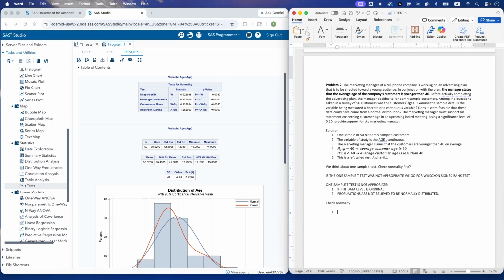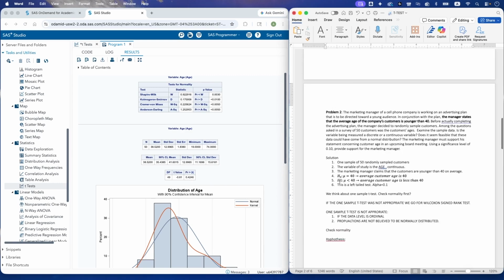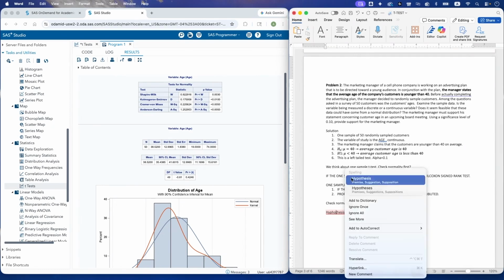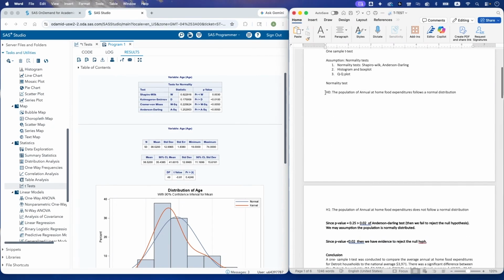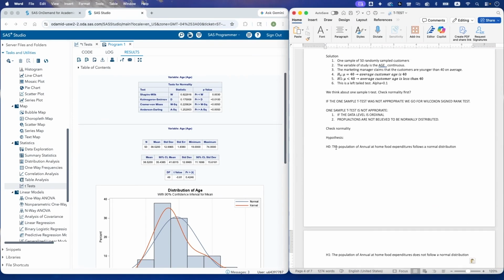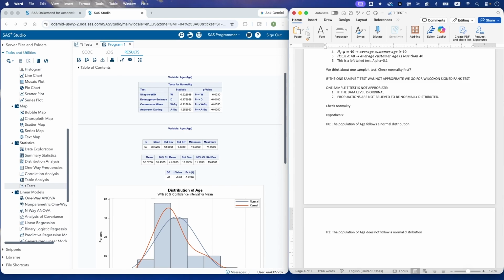Number one, hypotheses. Hypotheses of the normality. Let me copy them from the previous example. These are the normality test hypotheses, but I want to change a few words. Population of the age follows a normal distribution. The population of the age does not follow a normal distribution. These are the normality hypotheses, okay?